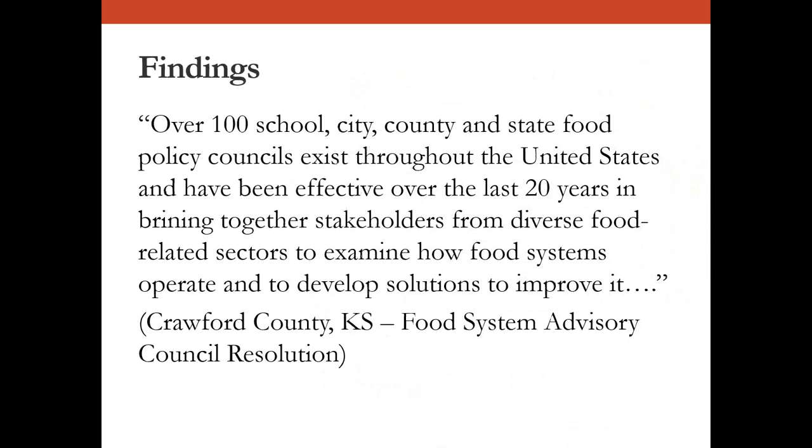Crawford County has a finding that lays out why they need a Food Policy Council. It's because there are a lot of food policy councils that have existed, and they actually are really important ways to examine how food systems work. It lays it right out there in the beginning through a finding of, why are we even talking about this? Why are we having this resolution?